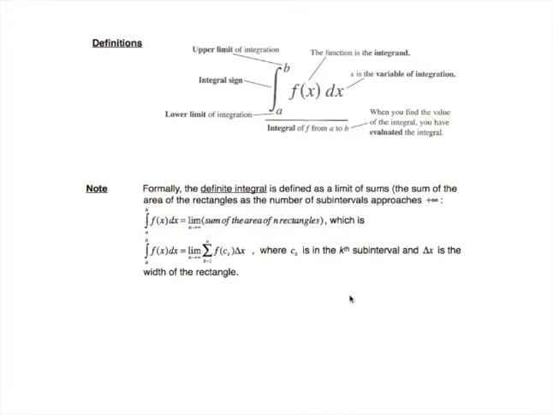So when we define an integral formally, we define it as the sum of rectangles as these rectangles grow in number, so they approach infinity, and each rectangle's area approaches 0. So this is how limits tie into integrals, because an integral is the limit as n approaches infinity, n being the number of rectangles.